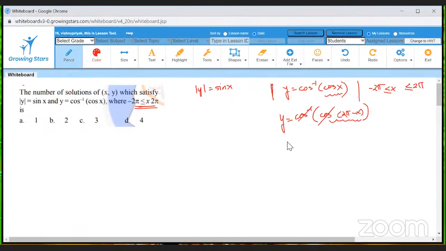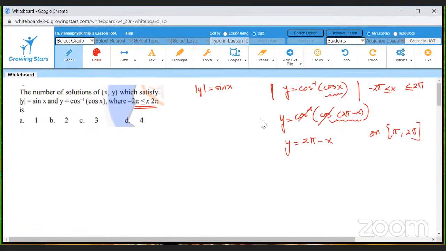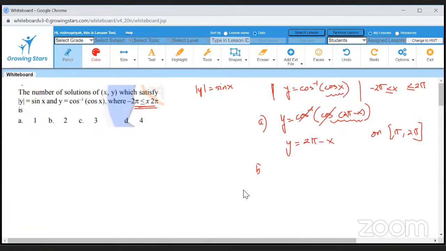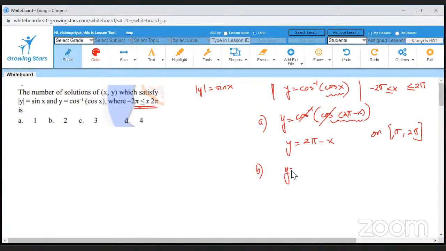Now cos inverse and cos cancel, and y equals 2 pi minus x. You can write this if you are in the interval pi to 2 pi. This is one case. If you take the other case between 0 and pi, you can write cos inverse of cos x directly.